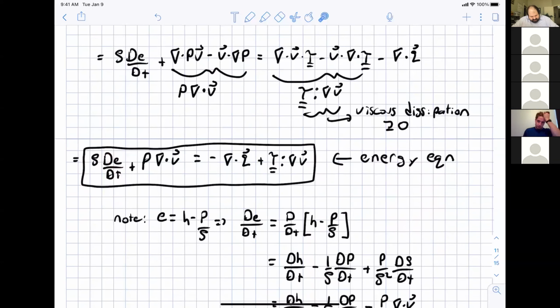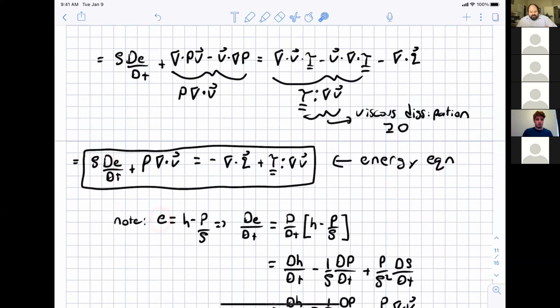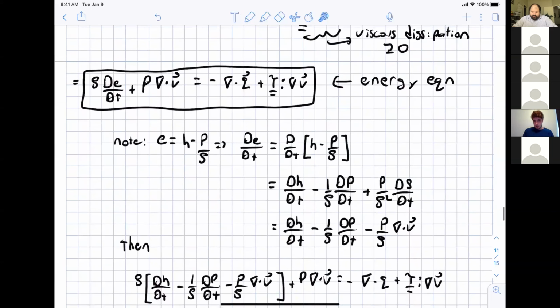Now, if we want to convert this to an enthalpy form, we can note that E is equal to the enthalpy minus P over rho. And then I just take the total derivative of E, which means I take the total derivative of H minus P over rho. And you can show that this is dH/dt minus the product rule on this term here.